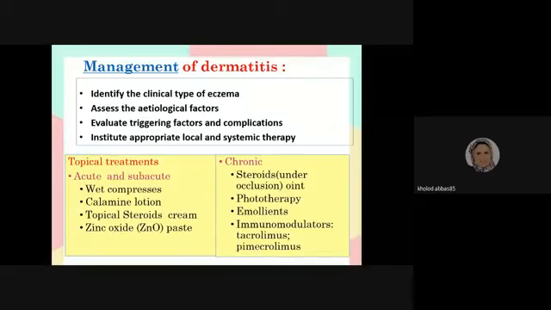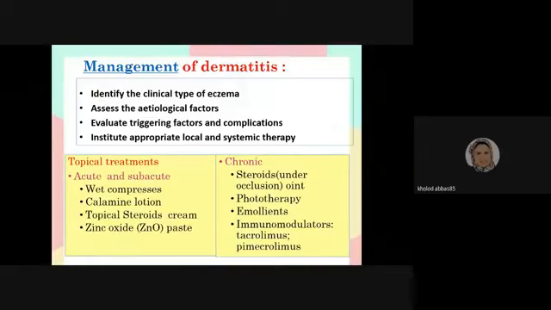For rehydration, we use steroid under occlusion in a form of ointment. Under occlusion means we wrap it by a piece of nylon to enhance absorption and increase the humidity of the skin. The steroids in a form of ointment we can use in chronic stages. And emollients, as we said, to preserve.